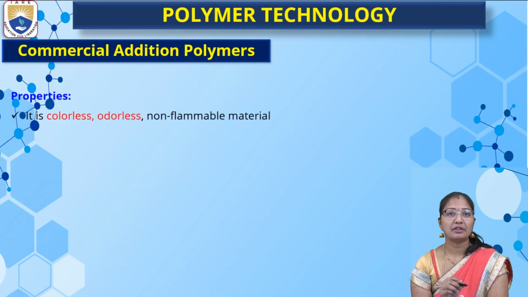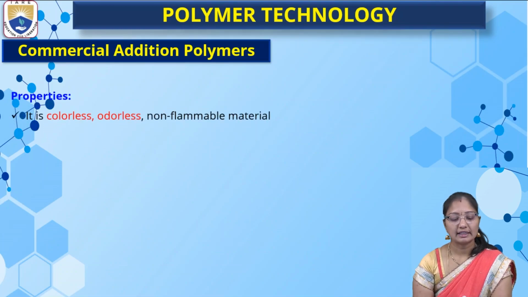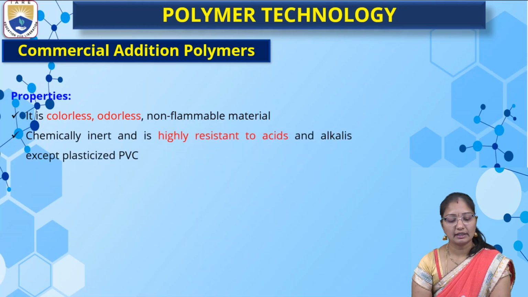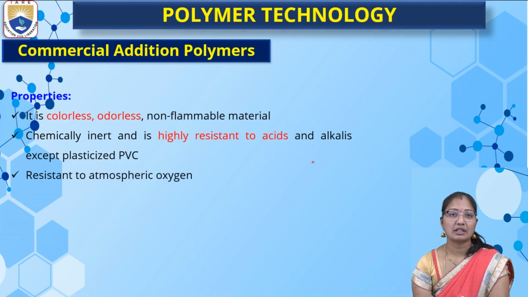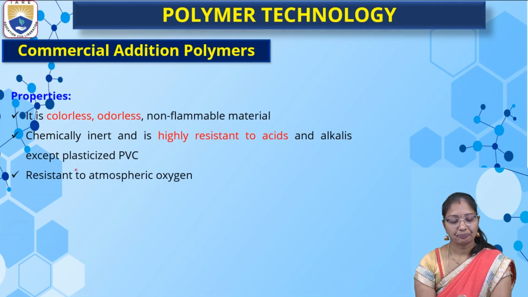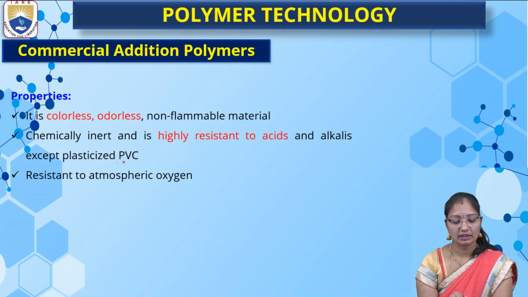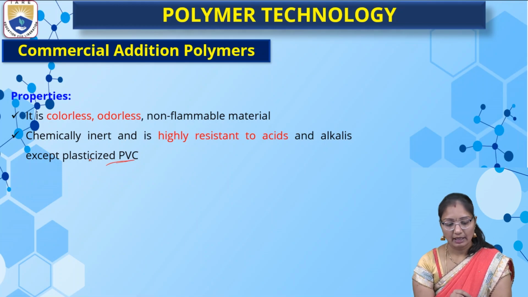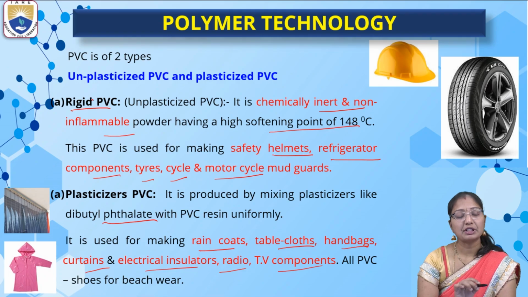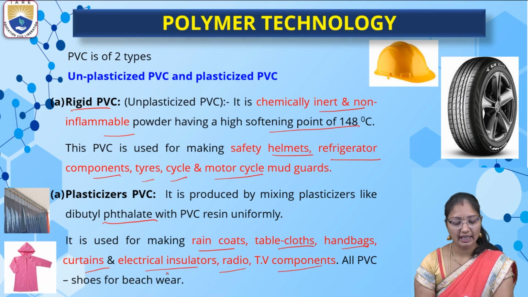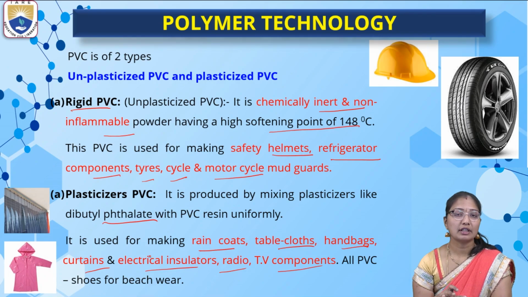The properties of this commercial addition polymer are: it is a colorless, odorless and non-flammable material, chemically inert and highly resistant to acids and alkalis, such as caustic soda, except plasticized PVC. The rigid polymers are chemically inert, whereas the plasticized ones are not that rigid and are not chemically inert.